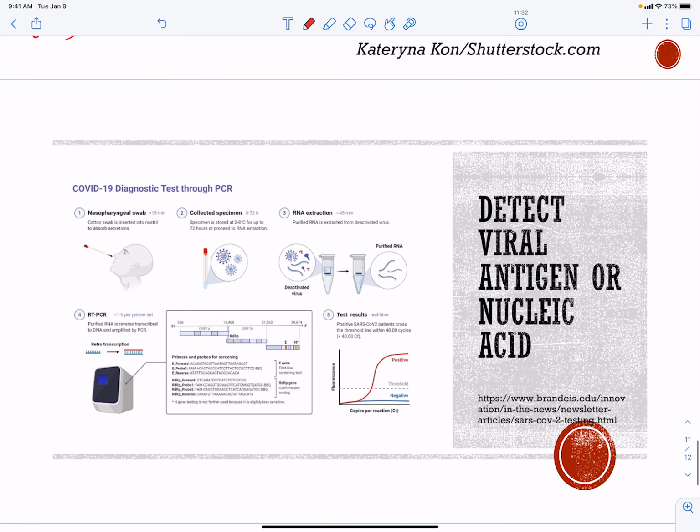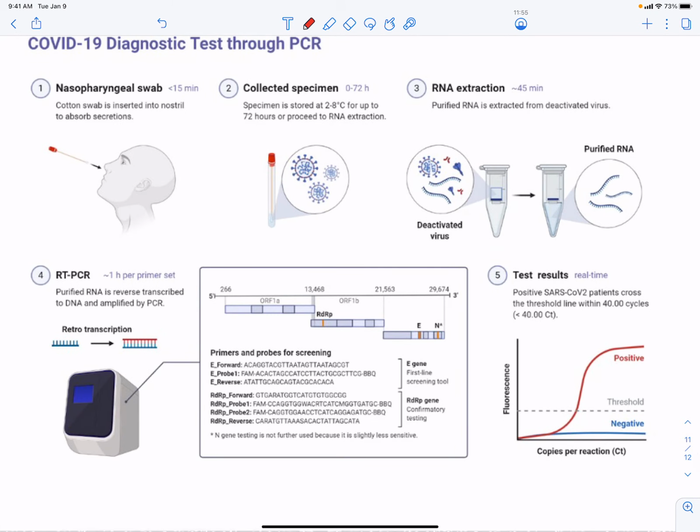Now, of course, we have a lot of PCR mechanisms, and nucleic acid mechanisms are very important because they're very rapid and you can try to detect many different pathogens at the same time. This is just an example of a PCR test. Basically, your PCR is going to have some sort of sample. Depending on what type of infection, it could be from a skin infection, from urine, from stool, or from your nose, that's shown here.